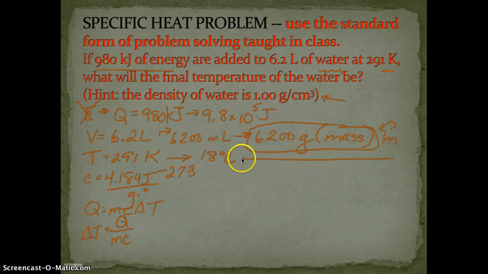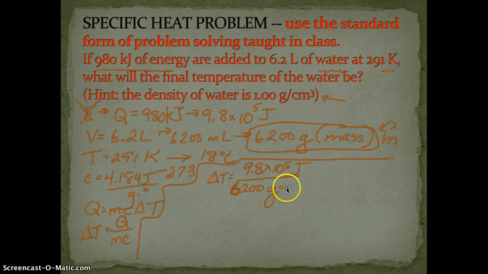Okay, now I'm going to section this off in the hope that I don't have to go to a new slide. This doesn't get too complicated. Okay, so I'm going to go up here. My delta T is going to be equal to 9.8 times 10 to the 5th joules. My m is 6,200 grams, and that's 2 sig figs if you look up top.